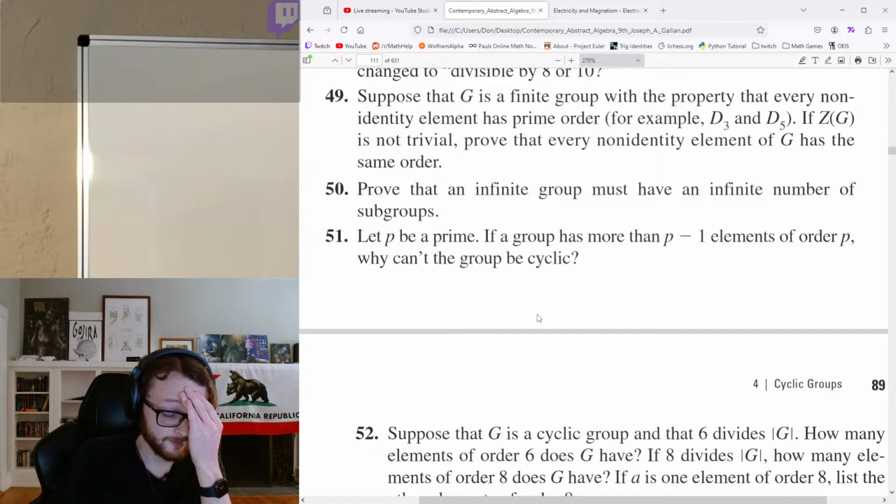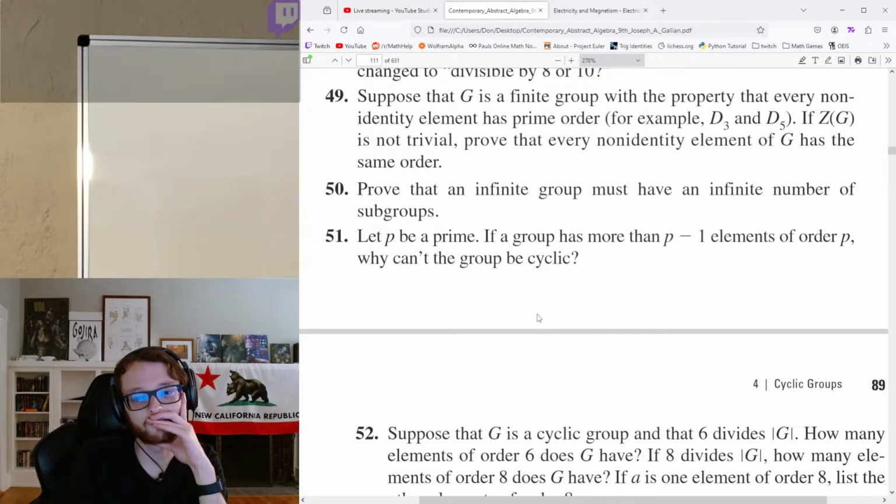But we can't directly use that theorem because we have the then but not the if. Like we had the wrong side of the implication, I guess.